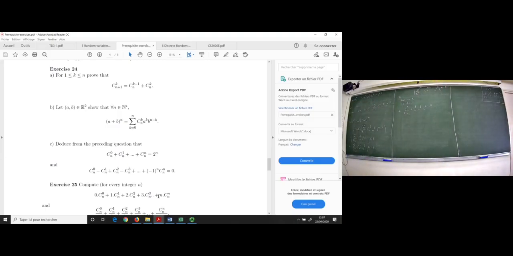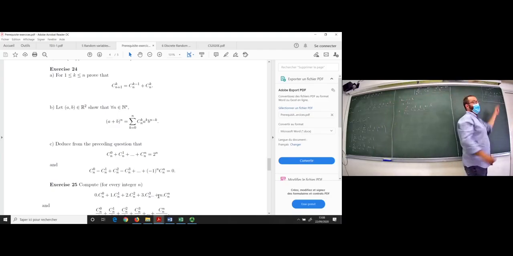It's just a variable that I can name as I like. It's like when we compute integrals, the integration variable can be named as you want: x, y, z, whatever. So I now have two sums, and I have done this job because here and here I have something that looks like these terms.